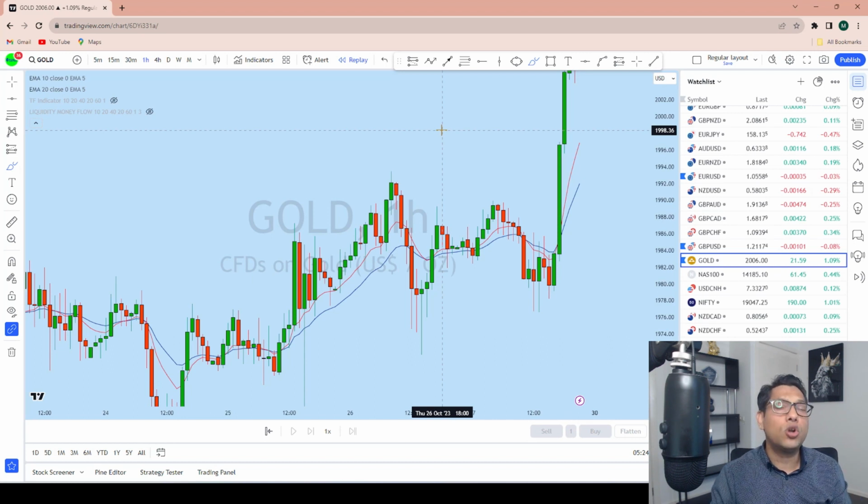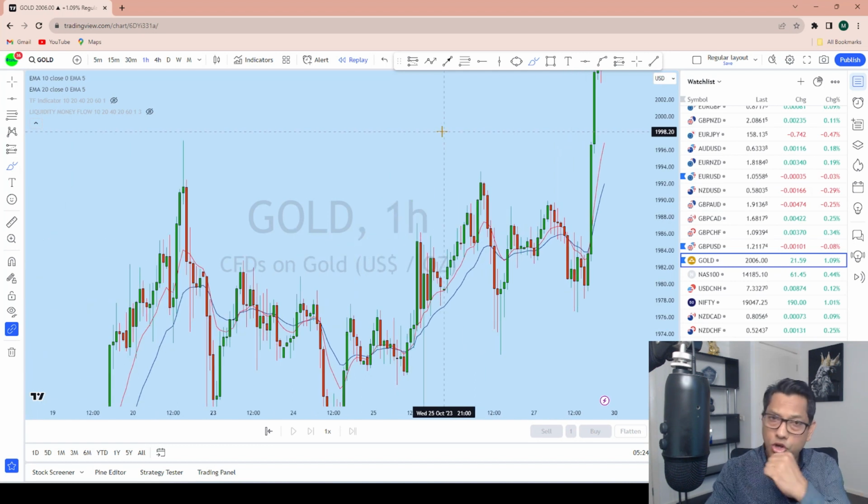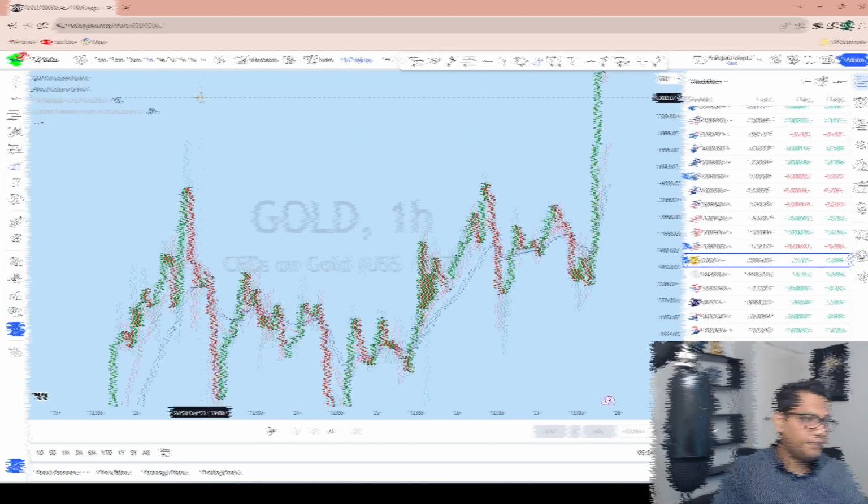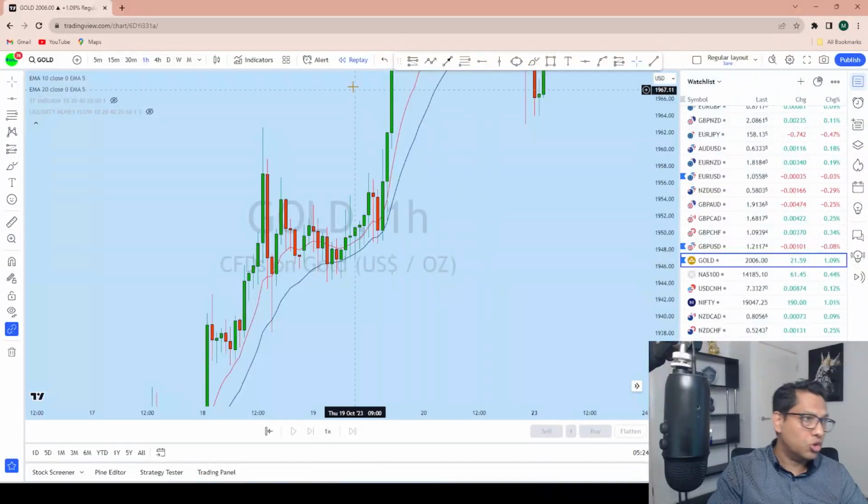Now head and shoulder is very crucial when it forms in the direction of the trend. Let me show you an example of head and shoulder, double top, double bottom, when it forms in the direction of the trend. Now look at this zone on the chart.